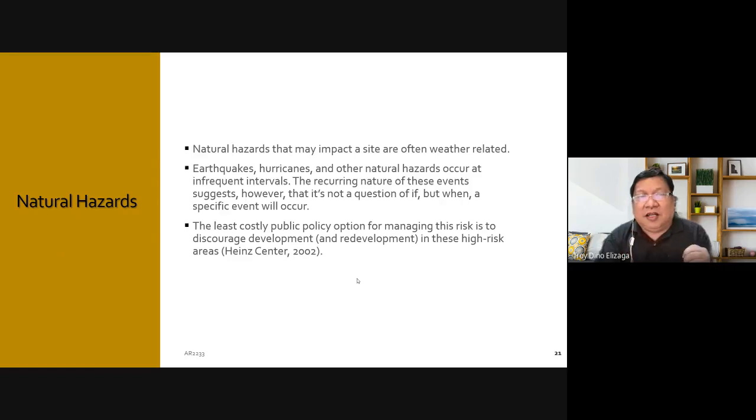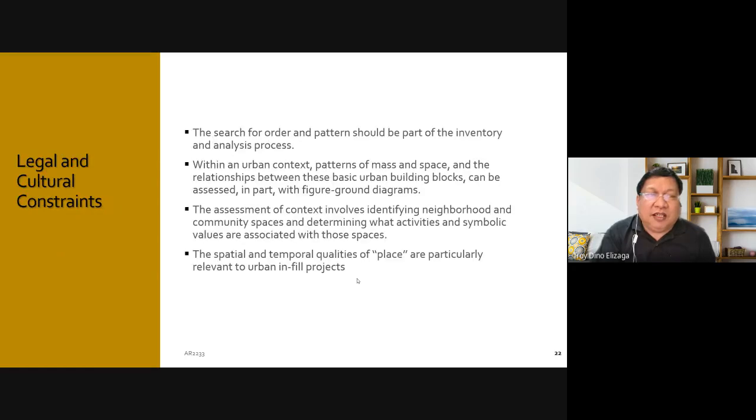So for example, if you're designing somewhere, you can go even to the level of the barangay and ask for the hazard map. So you will know: are we in a floodplain? Are we in a flood prone area? Are we in a landslide prone area? So you can easily make this analysis.